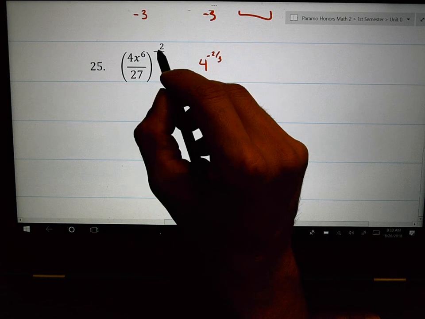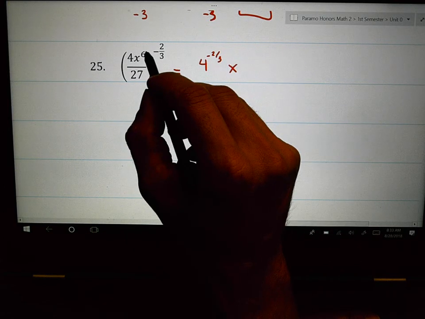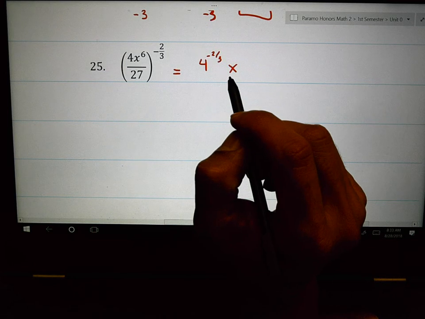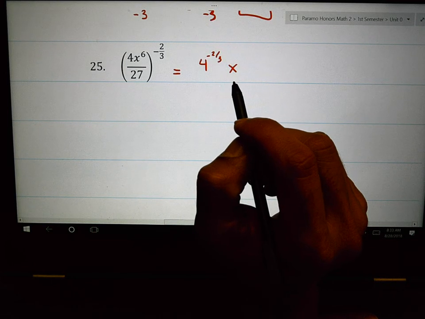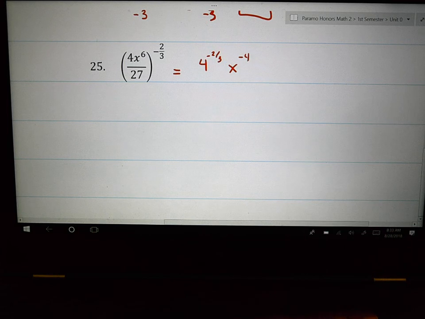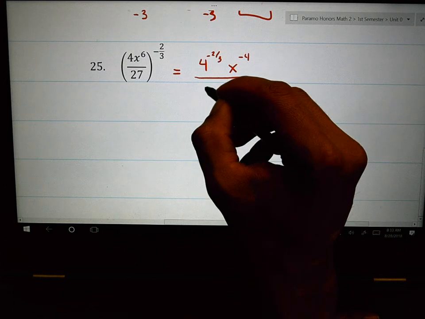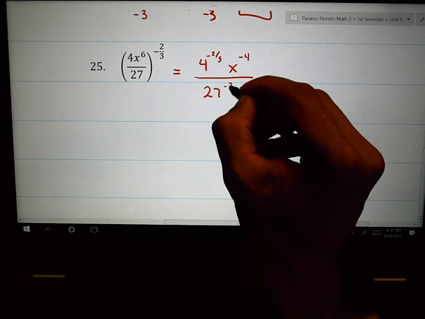And then I'm multiplying here. When I multiply, 6 times negative 2/3 is negative 12/3. Negative 12/3 reduces to negative 4. Let me double check that. Yep, I agree. Over 27 to the negative 2/3 power.